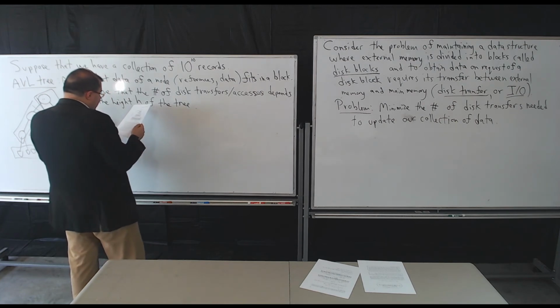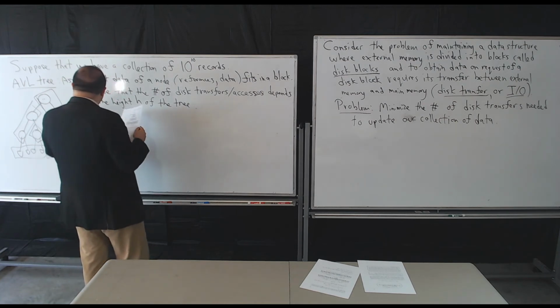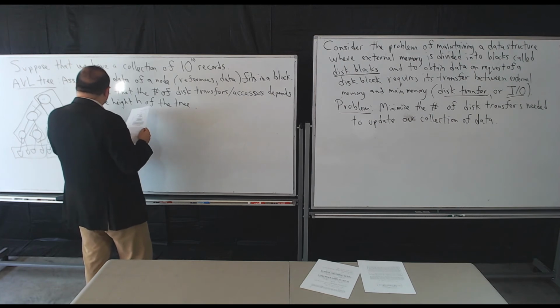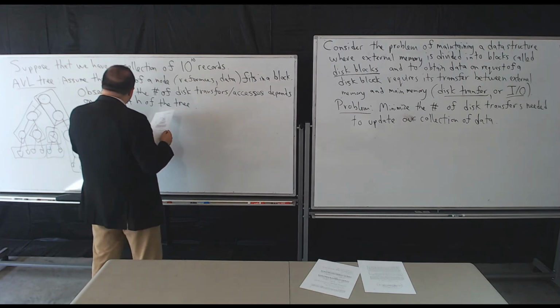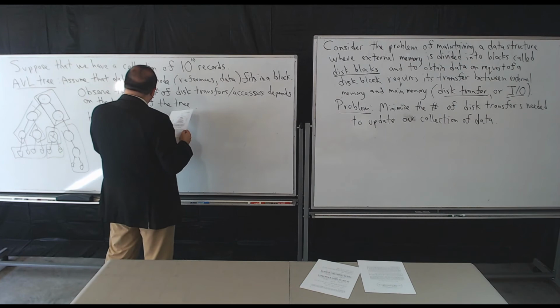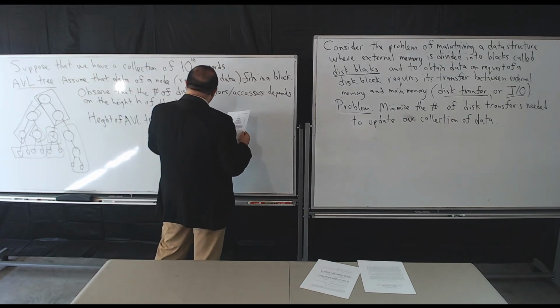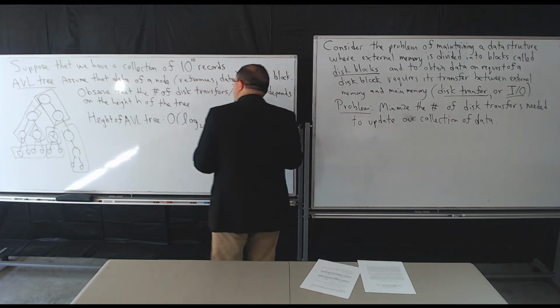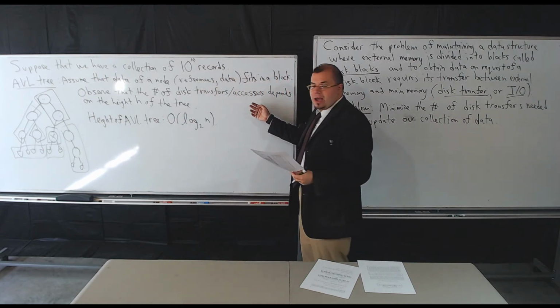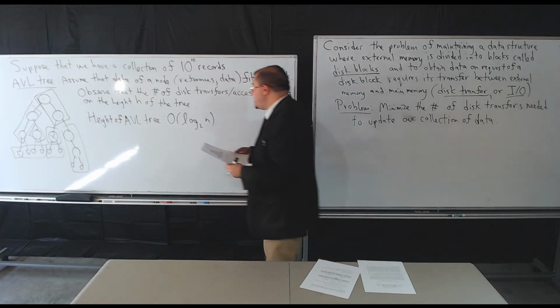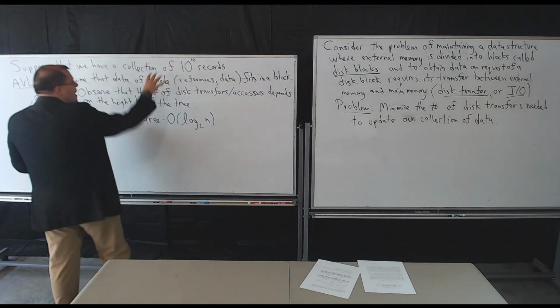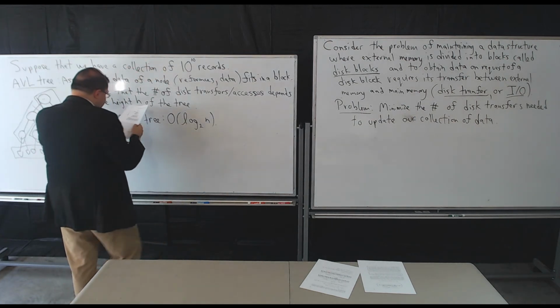So what's the height of an AVL tree? Well, we know that it's big O of log base 2 of n. So if I want to estimate how many disk accesses I'm going to need, I'm just going to take my magnitude here.